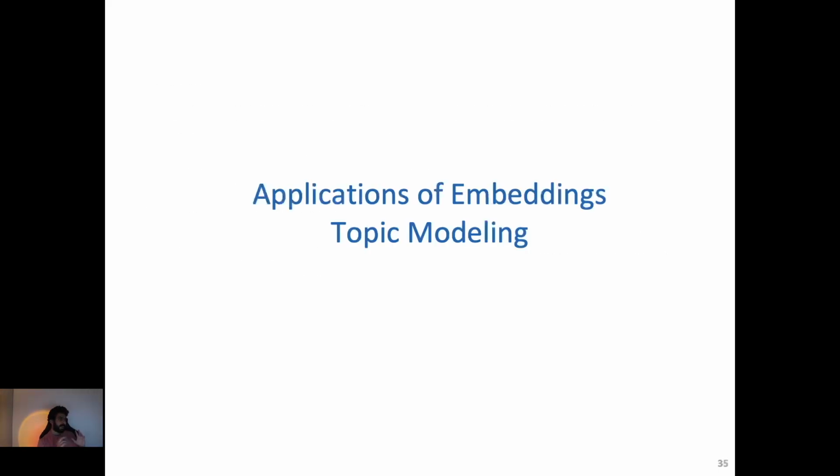Now that we have explored how embeddings represent meanings, let's turn to the applications that we can apply embeddings to words, and one of their most exciting applications, which is topic modeling. So traditional topic models like LDA assume a bag of words representation with no context, no order, and very limited detail.